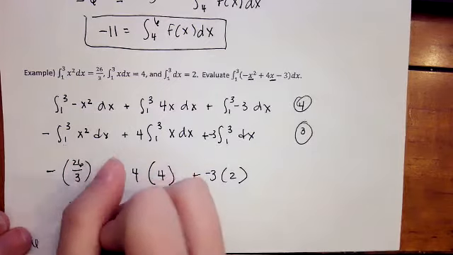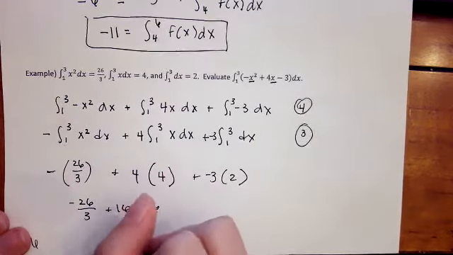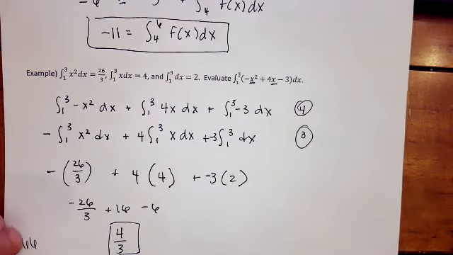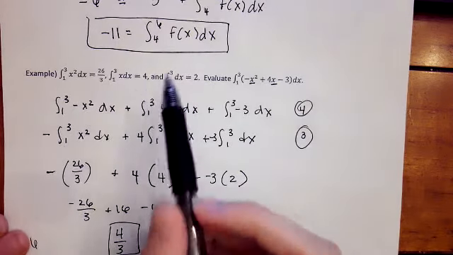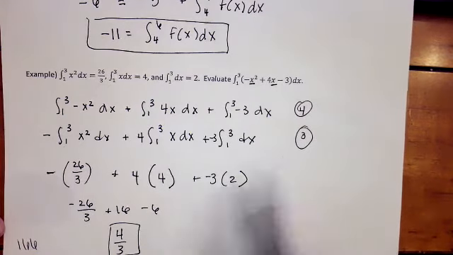So we have negative 26 thirds plus 16 minus 6, which gives us 4 thirds. Okay, notice in neither of these problems I used a plus c. That is because they are definite integrals. I no longer have to use a plus c. I know where to evaluate it over. I'm just practicing using my properties.